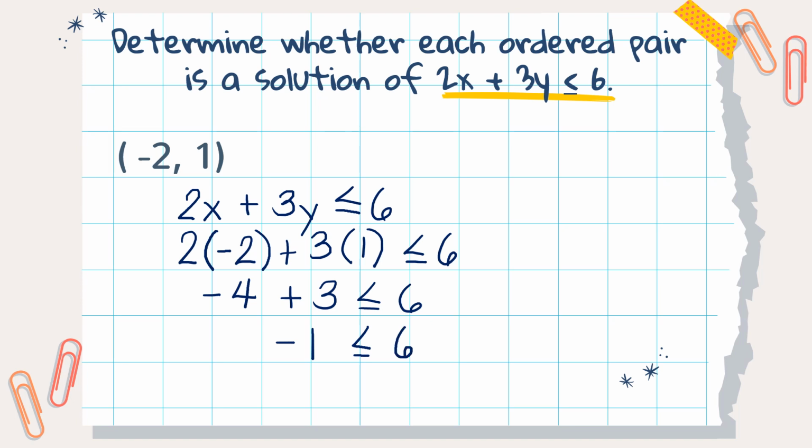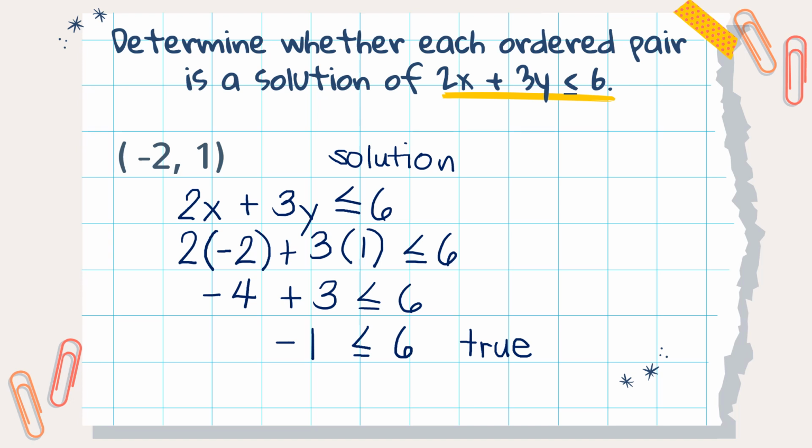Is negative 1 really less than or equal to 6? Correct. The statement is actually true. Therefore, (negative 2, 1) is a solution of the linear inequality 2x plus 3y is less than or equal to 6.